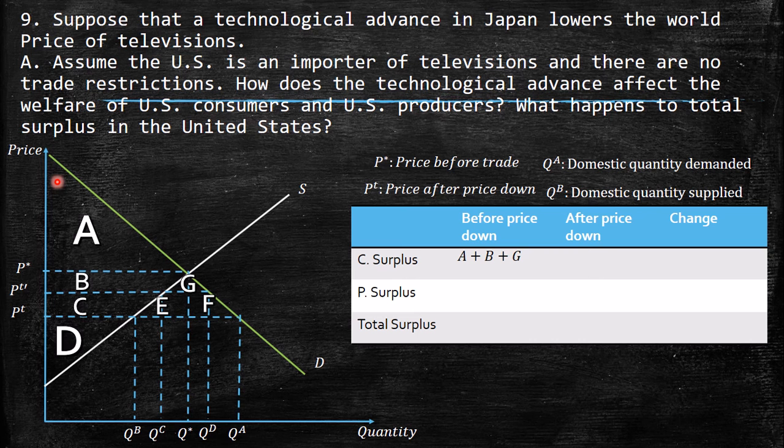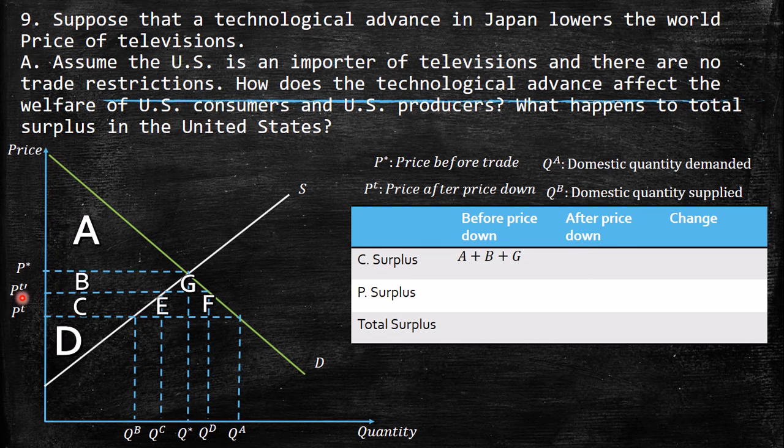So remember the definition of consumer surplus. All along the curve, this part, the consumers are willing to pay even these prices for the quantities, but they don't have to pay this part because of the trade.